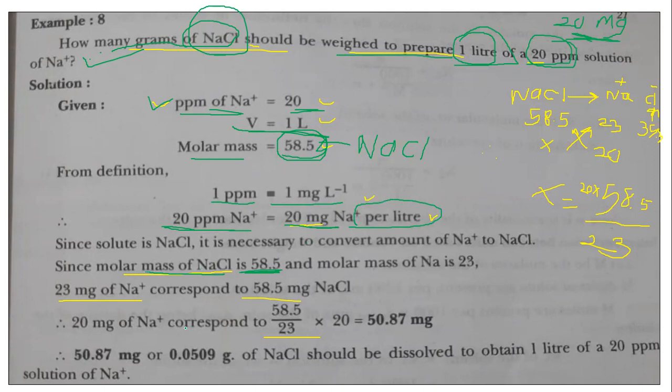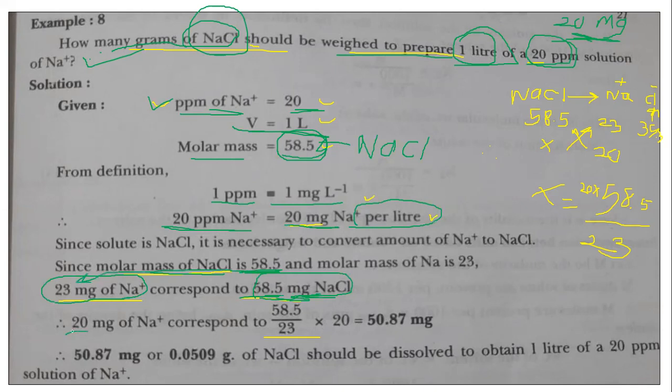Therefore, see now what happens. 58.5 mg of NaCl contains how much sodium? 23 mg. So this is salt, our table salt. If we take 58.5 mg of sodium chloride, then it contains 23 mg of sodium.